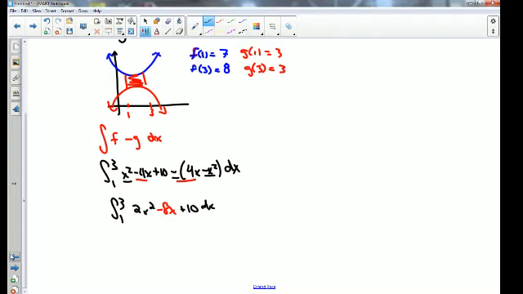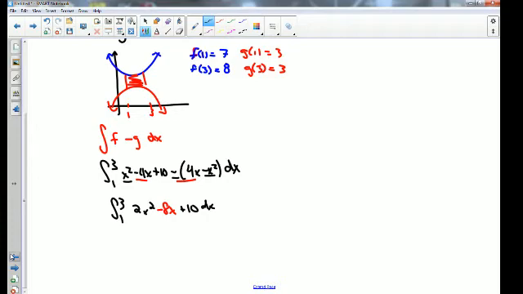Add 1. So divide by 2. You're just adding x to x. Yeah, this is x to the 3. That's the one now. And you evaluate.